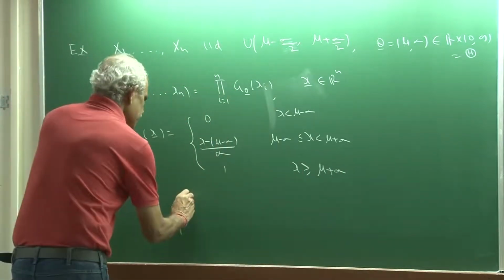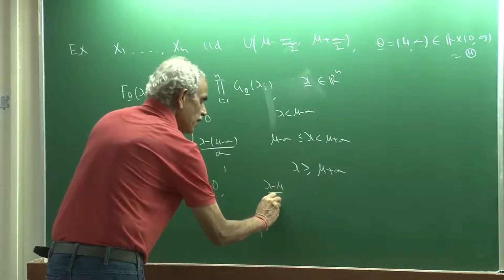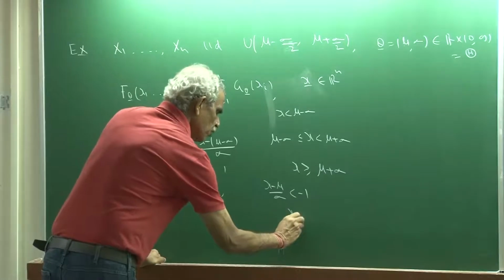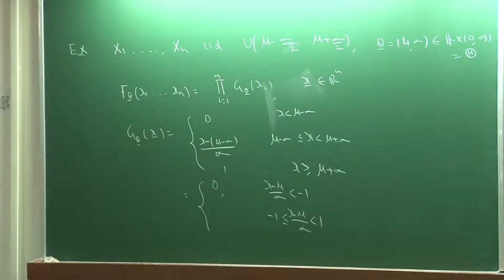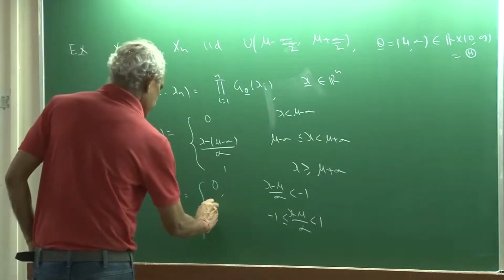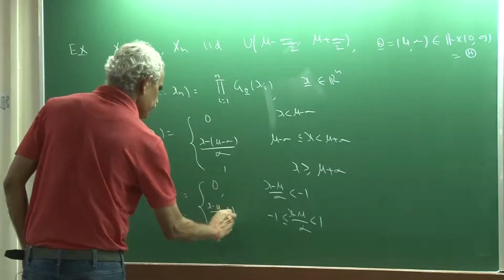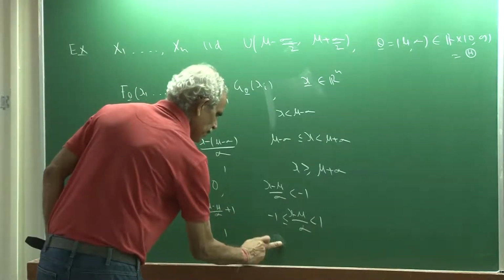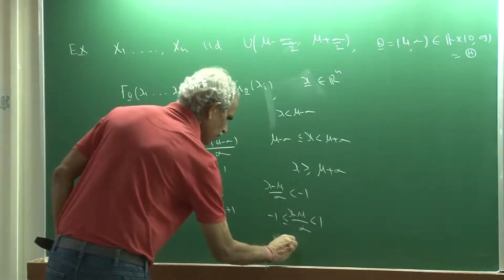So this can always be written as 0 if x minus mu by sigma is less than minus 1, and if x minus mu by sigma is greater than or equal to minus 1 and less than 1, then how much is this? X minus mu by sigma plus 1, and this is 1 if x minus mu by sigma is greater than or equal to 1.